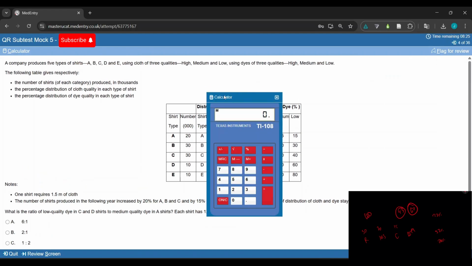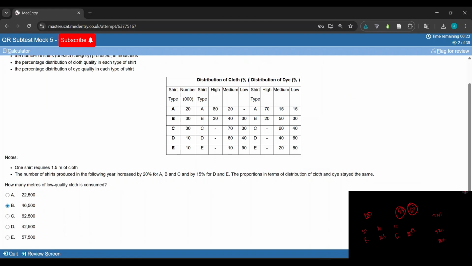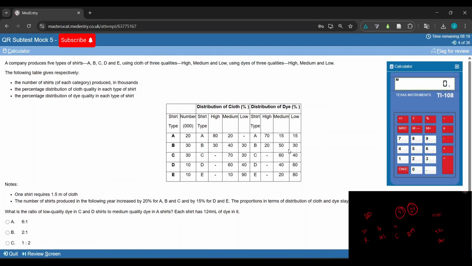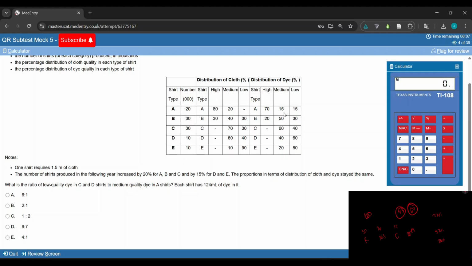Okay, what's the ratio of, unless I've done these wrong, what's the ratio of low quality dye in C and D? Low quality dye in C and D, so that's 100 over 200, which is a half, to medium quality in A, a half, that's 50 to 15, 10 to 3.